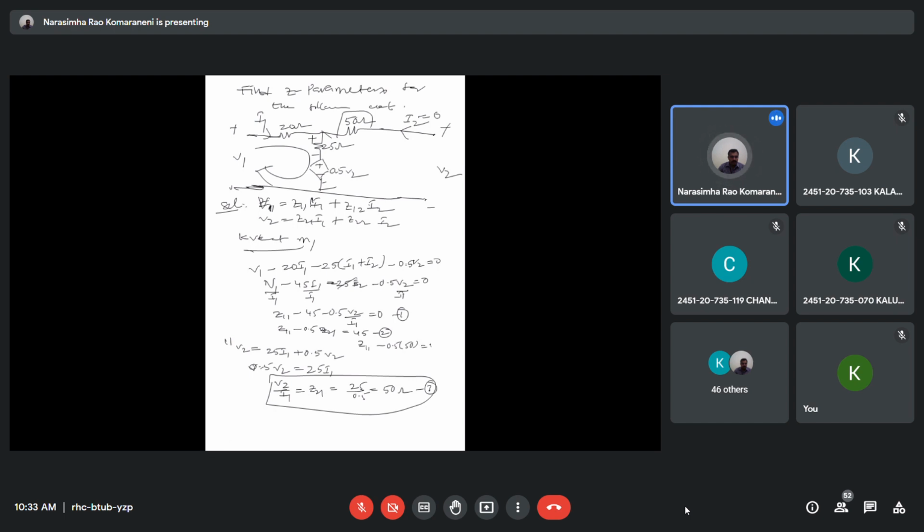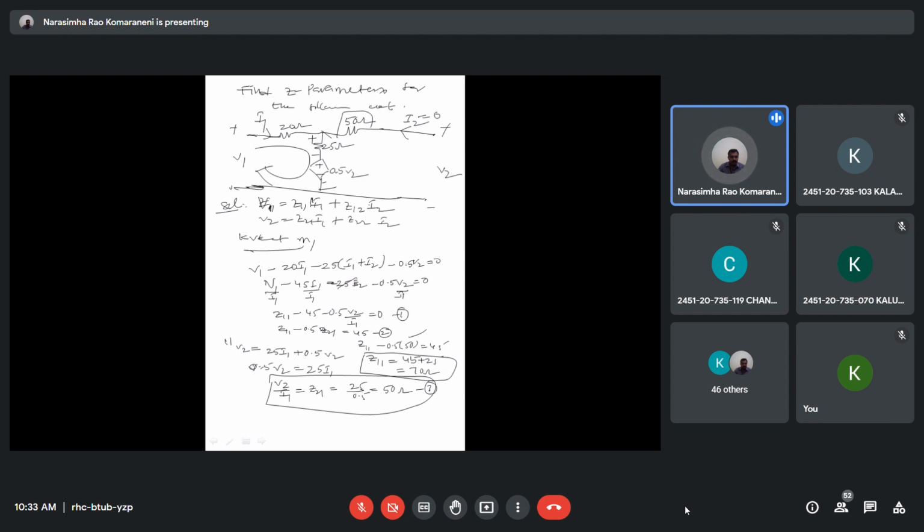So therefore Z11 is equal to 45 plus 25. 50 into 0.5 is nothing but 25. So 45 plus 25, 70 ohms. Is it clear?